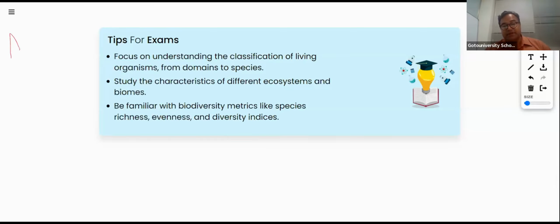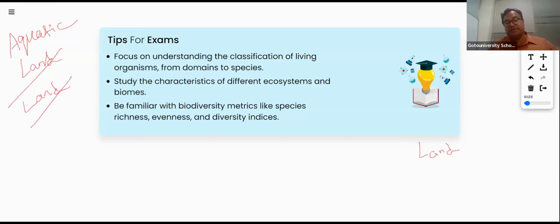For example, one is aquatic ecosystem and the other is land ecosystem, right? If you're talking about the land ecosystem, we can further classify it in detail.